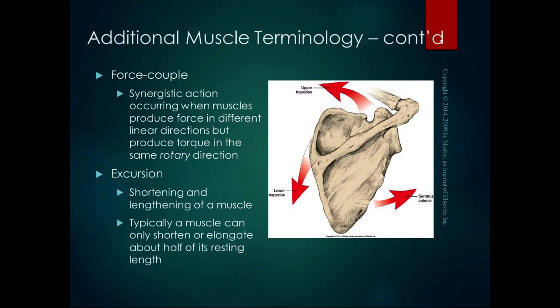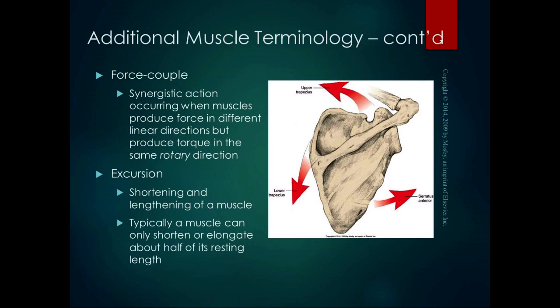So we have the upper trapezius, the lower trapezius, and the serratus anterior that act as that force couple to produce torque in the rotary direction to do that upward rotation of the scapula. We have other force couples, and we'll talk about the individual ones when we're talking about individual joints, but it's a specific type of synergistic muscle action.